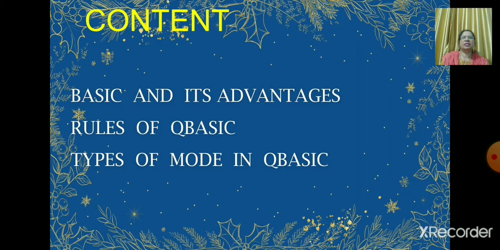In this session, we will learn QBasic and its advantages, rules of QBasic and the types of modes in QBasic. So, BASIC is a programming language used for beginners. It is very easy and simple to understand.